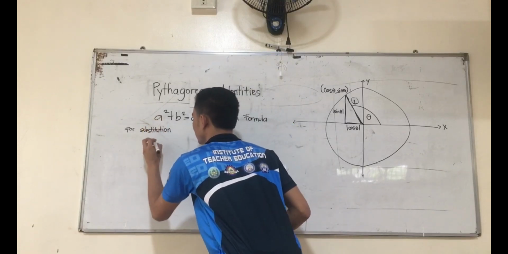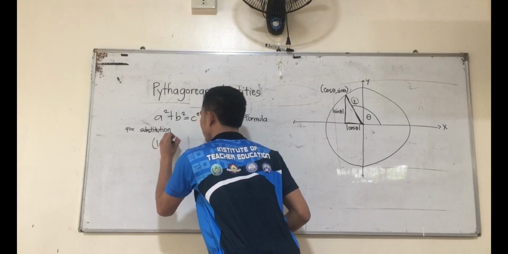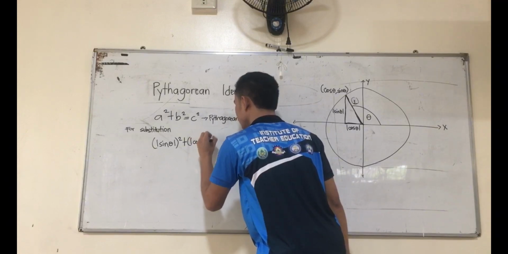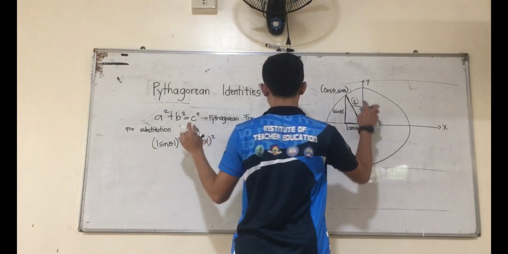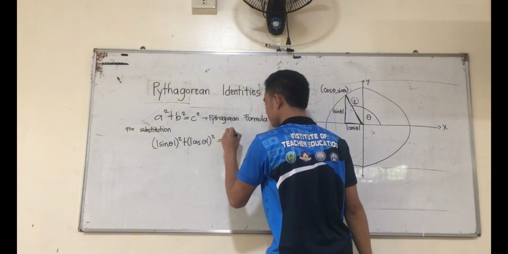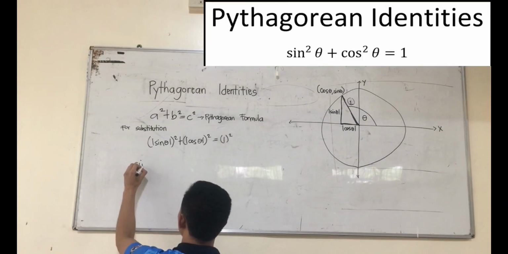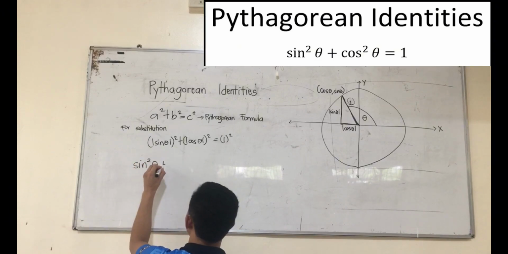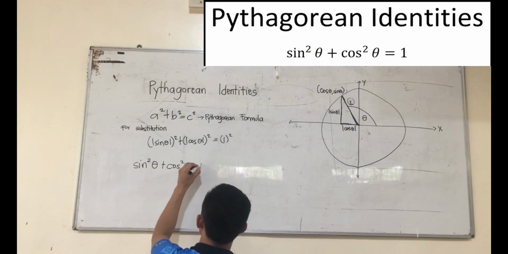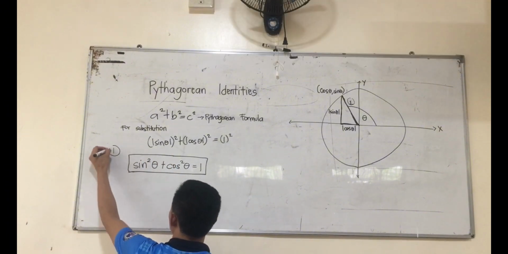For substitution, we can substitute a squared with the absolute value of sine theta squared plus the absolute value of cosine theta squared, and c squared with 1 squared. Or it can be written as sine squared theta plus cosine squared theta is equal to 1. Therefore, we have the first Pythagorean identity.